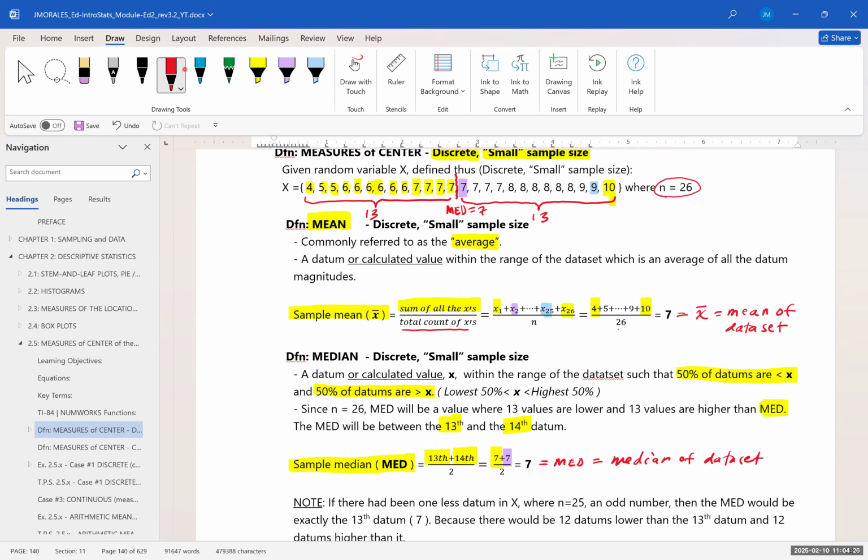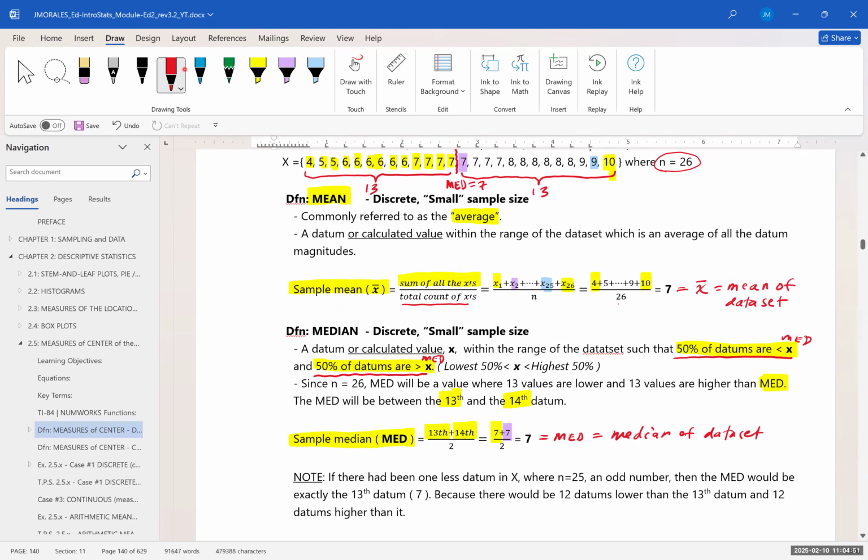It just so happens that our median was calculated to be the same value as our mean here. But that's what the definition of the median means: 50% of the datums are less than the median and 50% of the datums are greater than the median, which is what I drew up above.